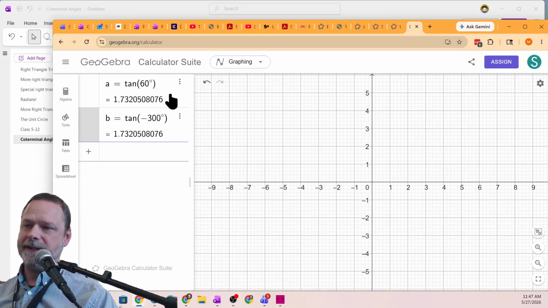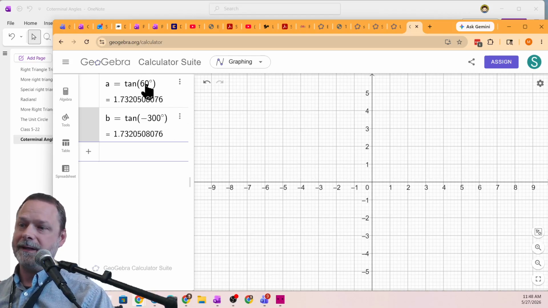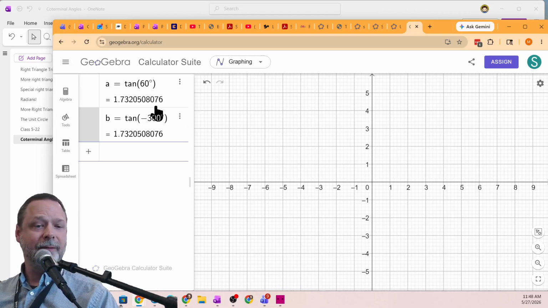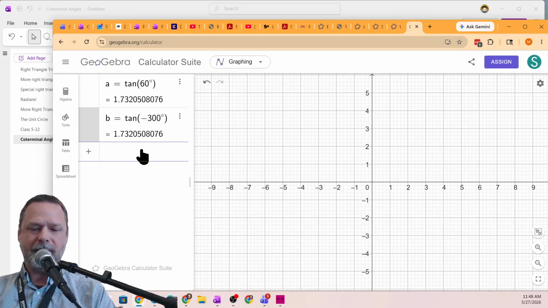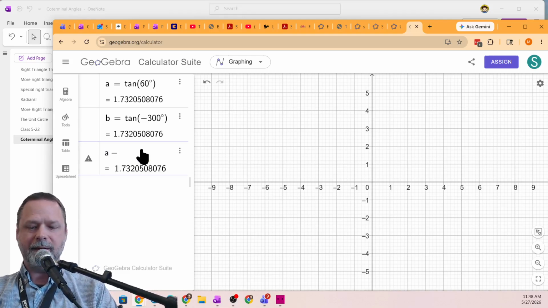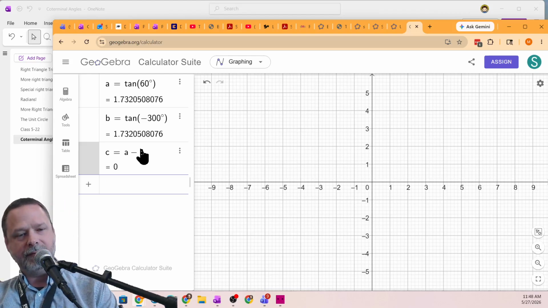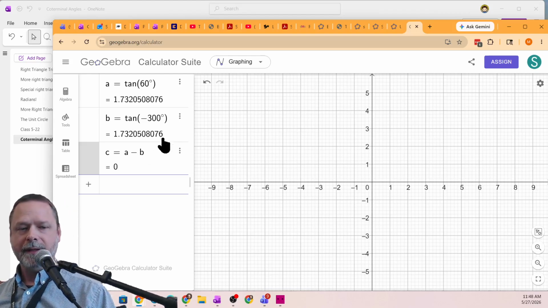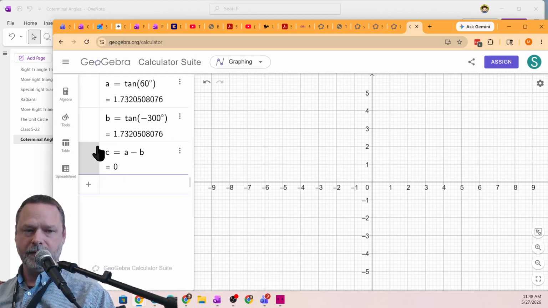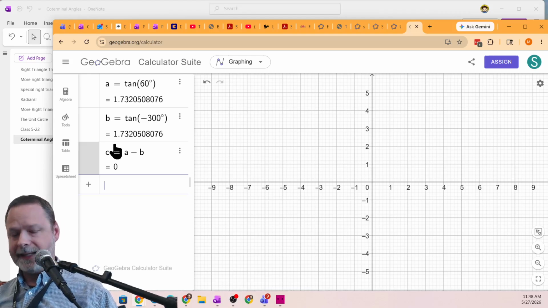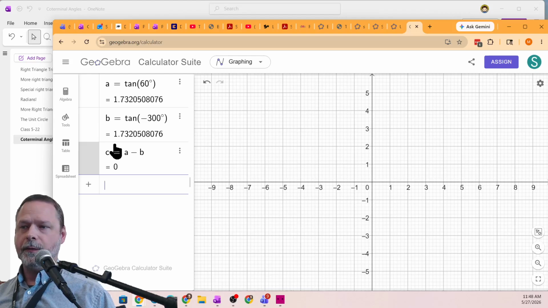And it is in degrees, and it's making it very clear. If it didn't have the degree symbol, we're talking radians. Anyway, we're in degrees. And look at that. They are equal, right? I can even, just for fun, go A minus B, 0. They are equal. So that's what's really fascinating here.